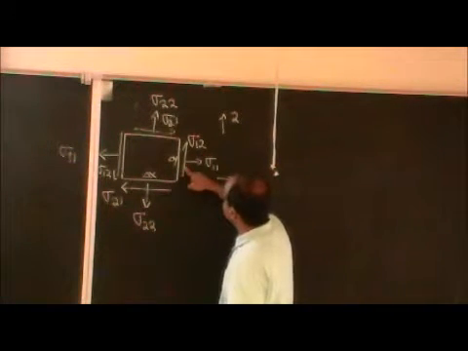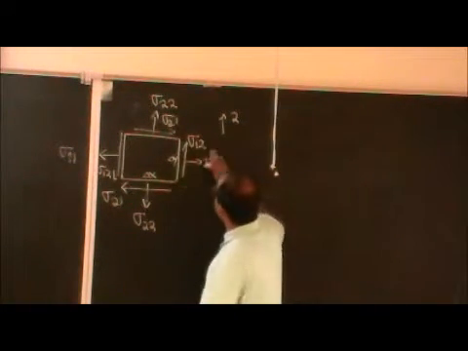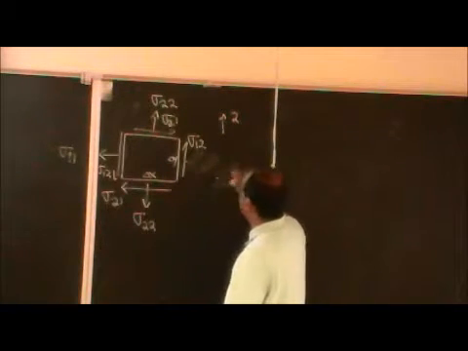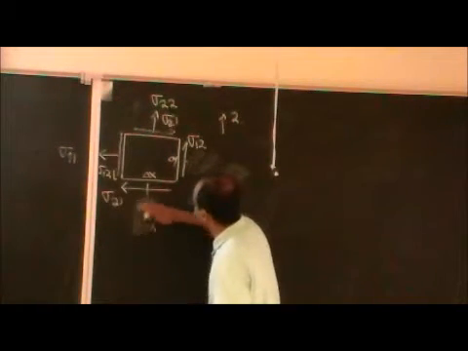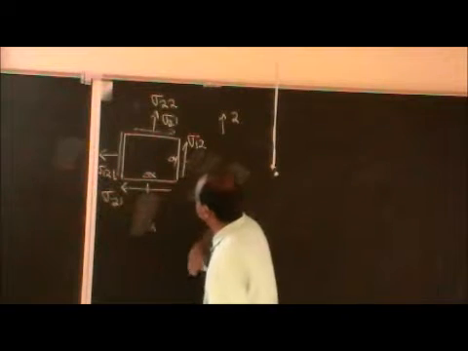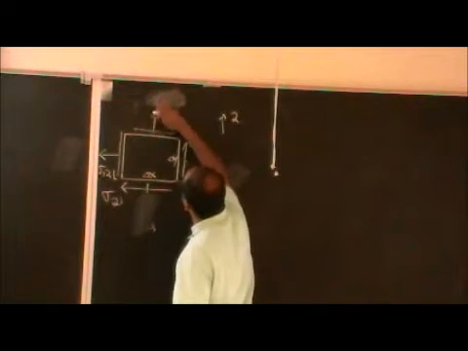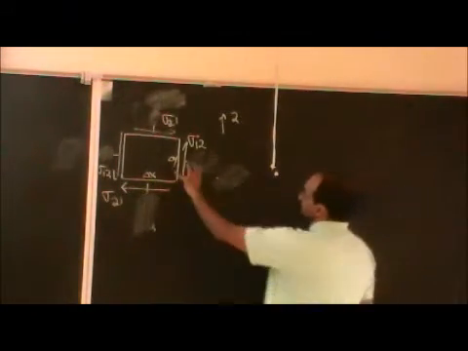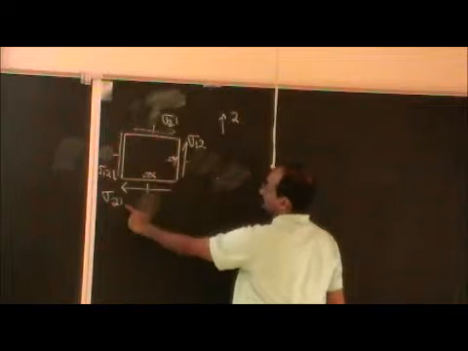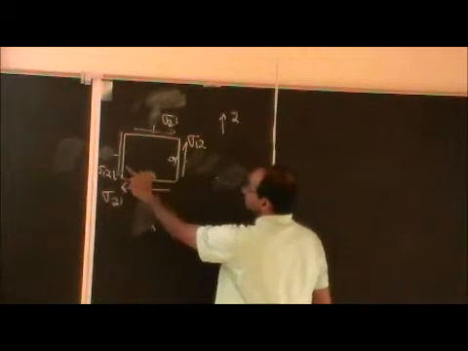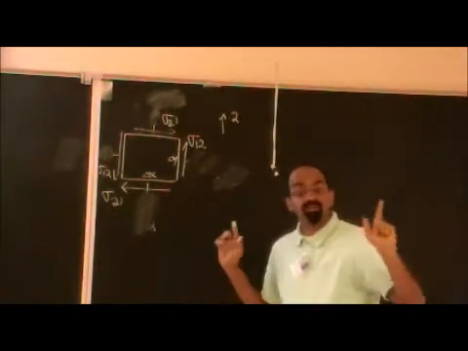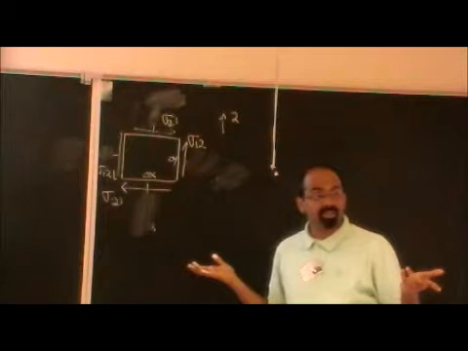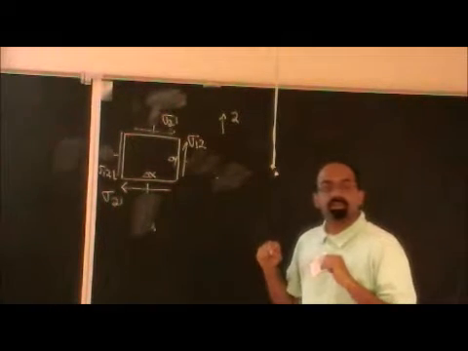Also, if I now for a minute forget about translational degrees of freedom and only worry about rotation, let me simplify things just for clarity. Now I think only about rotational modes. This force, sigma 2,1, has to be the same as that force, and sigma 1,2 has to be the same as that force, because if it wasn't, I wouldn't have force equilibrium. Everybody with me? Well, what about torque equilibrium?